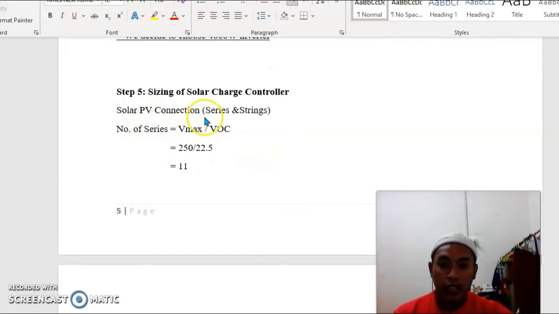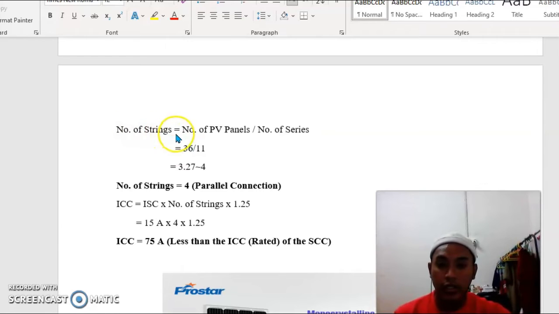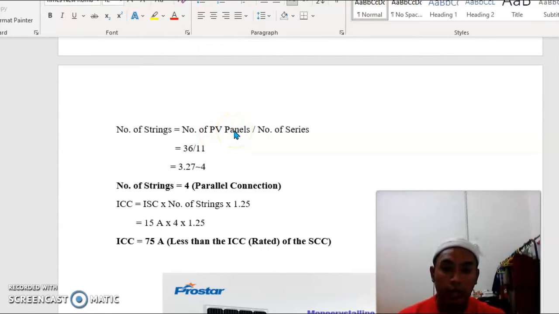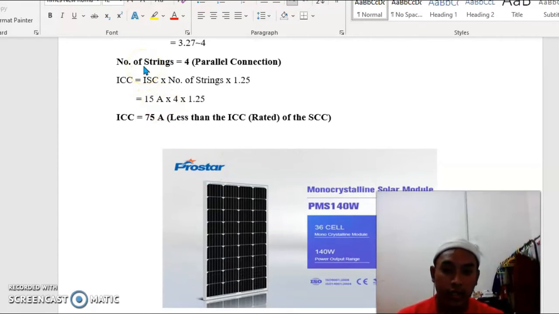Solar PV connection, series and string. Number of series equals Vmax over VOC, and then we get 11. Number of strings equals number of PV panels over number of series, 36 divided by 11, we get 3.27 or 4, and then the number of strings is 4 in parallel connection.